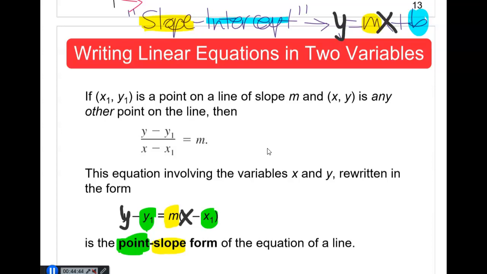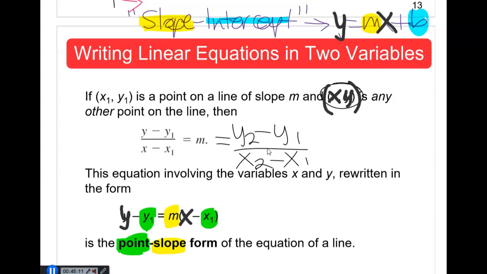And so what we have here is just if we were to use the formula for slope, which is the one that we've been using, y sub 2 minus y sub 1 over x sub 2 minus x sub 1. And we could say that right here, this point, for convenience, we're just going to call it x and y, like you see it here. And at that point, it's going to be representing what x sub 2 and y sub 2 will be.